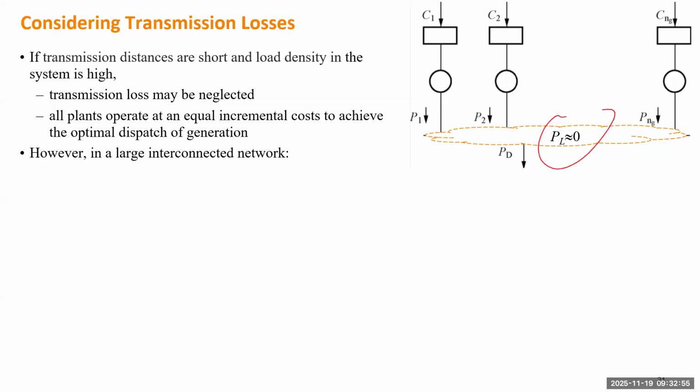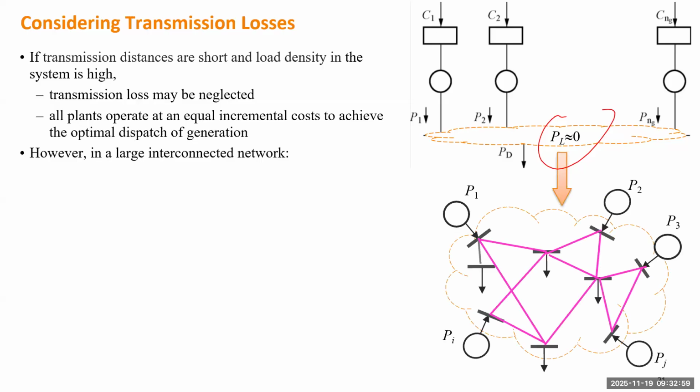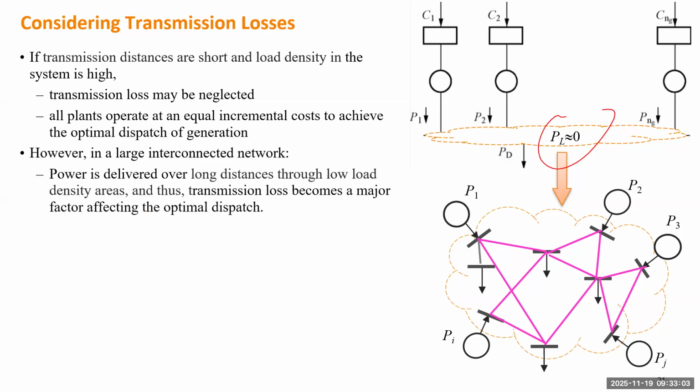However, when we deal with a large interconnected power network, we may have to consider the network topology because power is delivered over long distances, and there could be low load density areas where the load is very distributed in the system.